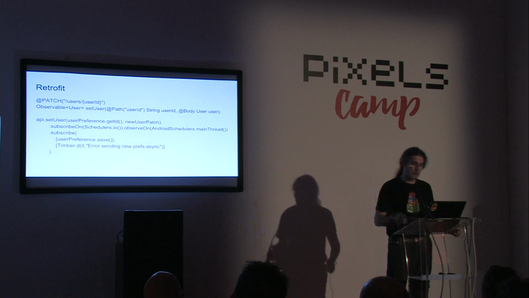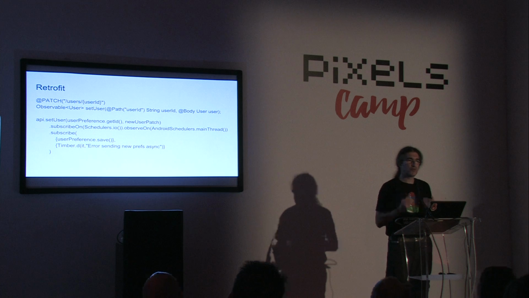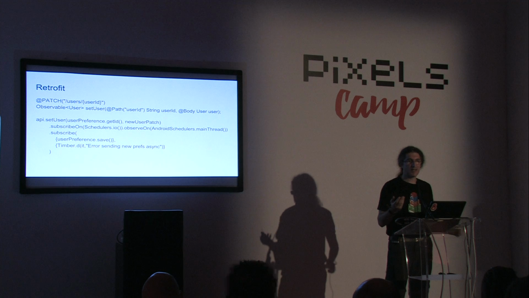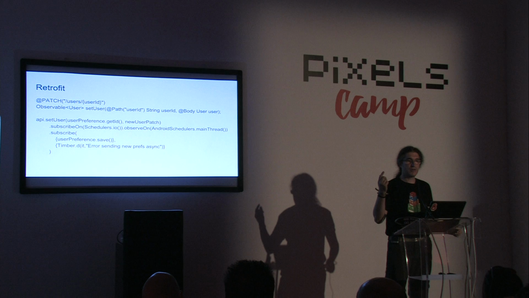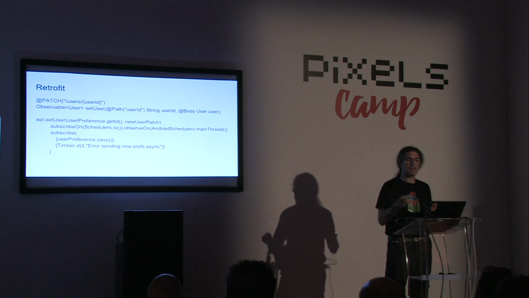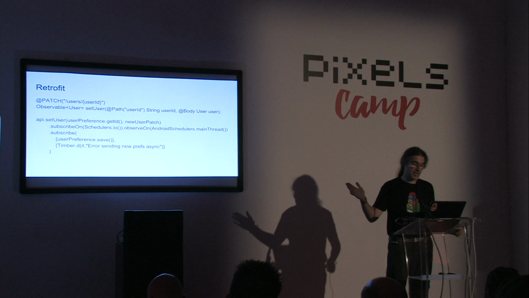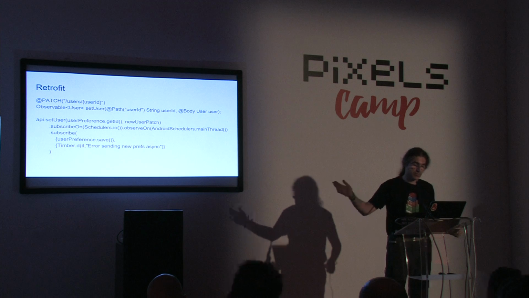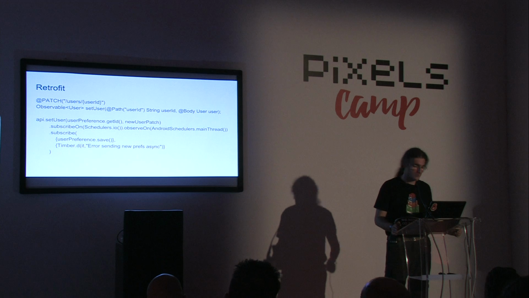And as usual in Android, when you get back the results, a lot of times we have to put something on the UI, and that has to run on the main thread. So it was running the network call in a background thread, but then it has to publish the elements in the main thread. And you just have to say observeOn AndroidSchedulers.mainThread, and that's it. You don't have to do anything else.